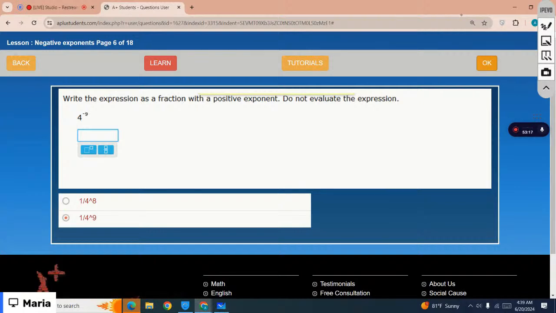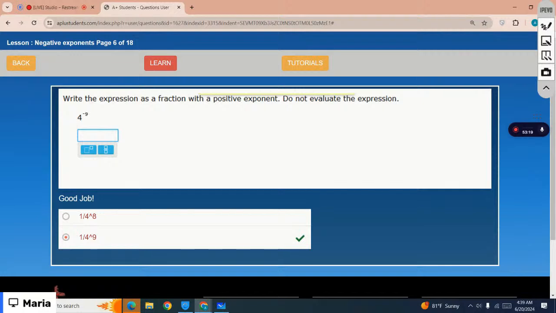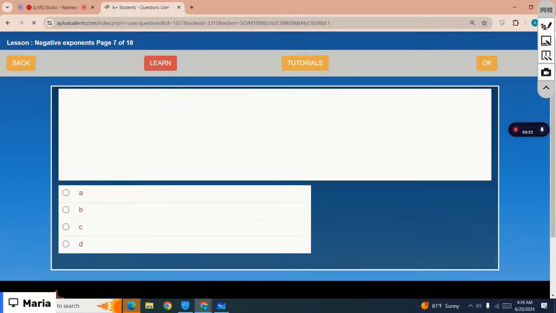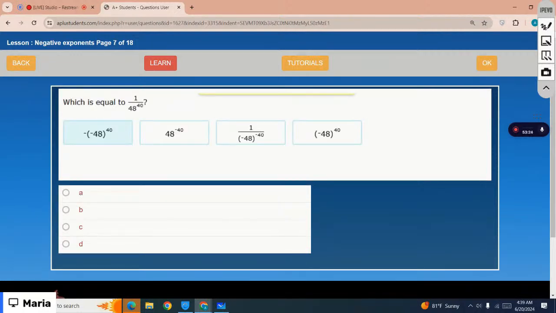Got it? 1 divided by 48 exponent 40, which is the correct option?